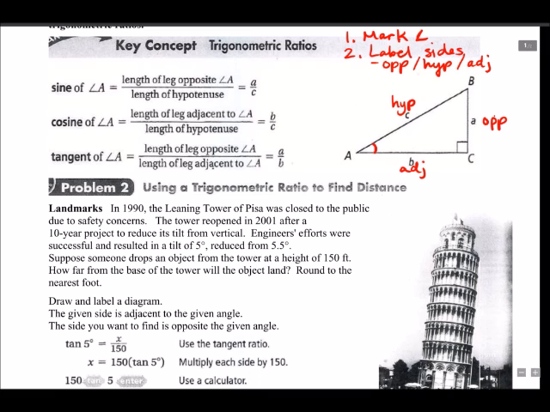Now let's look at our trig ratios. The sine of angle A is the length of the leg opposite over the length of the hypotenuse. So sine theta equals opposite over hypotenuse.